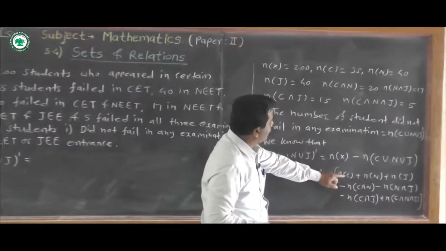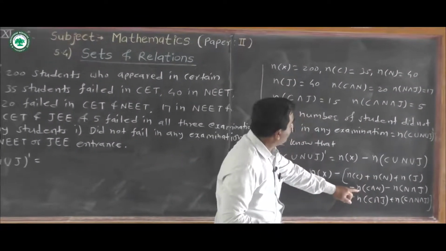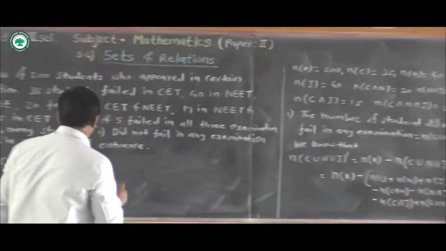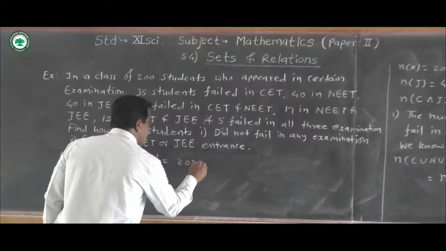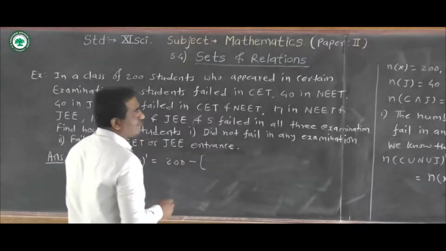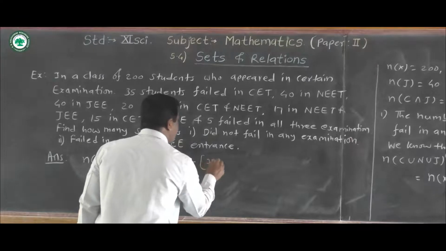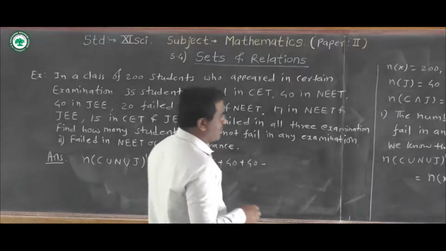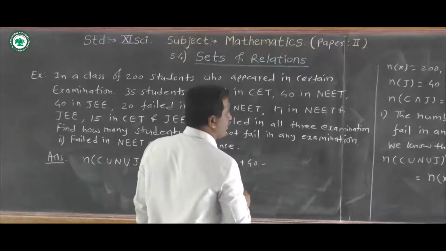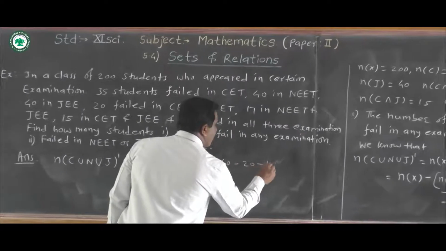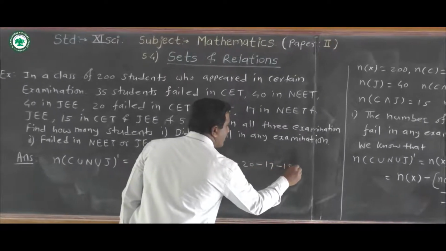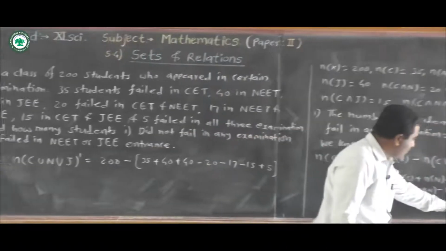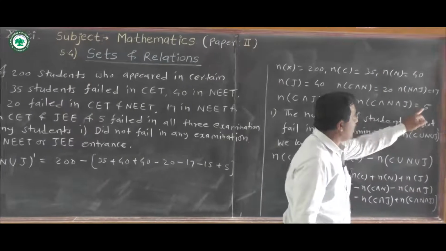Also given are the number of C, N, J, and C intersection N. Putting all these values here, we can write 200 minus, in brackets, the number of C which is 35, N 40, J also 40, minus the number of C intersection N 20, minus 17, minus 15, plus 5. The number of C intersection N intersection J is equal to 5.